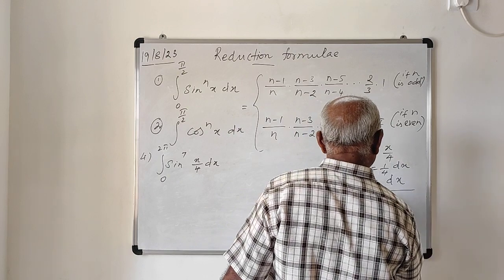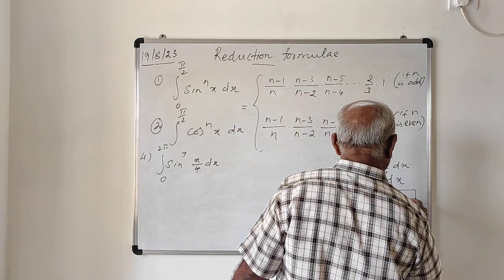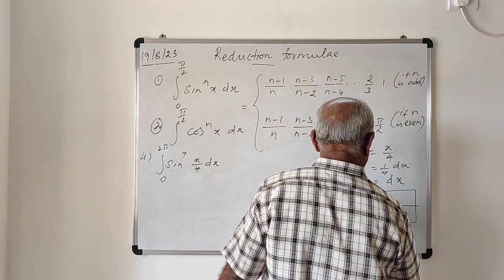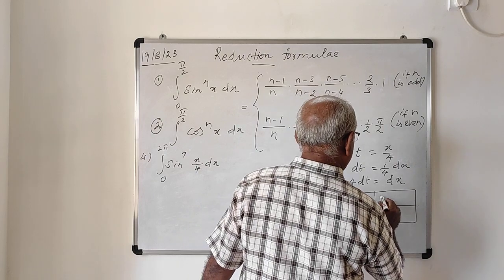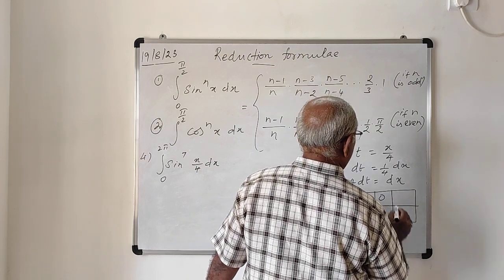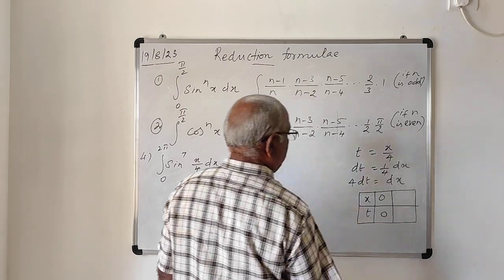So the corresponding limit should also be changed for t. The x limit should be changed to t limit. For x equal to 0, t equal to 0 by 4, which is also 0.